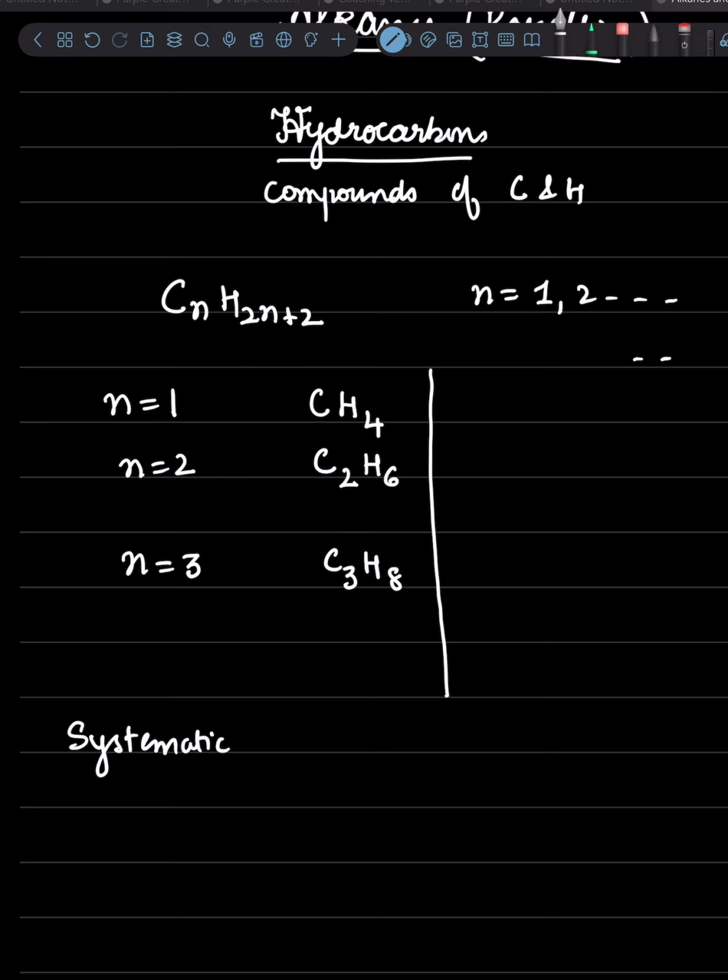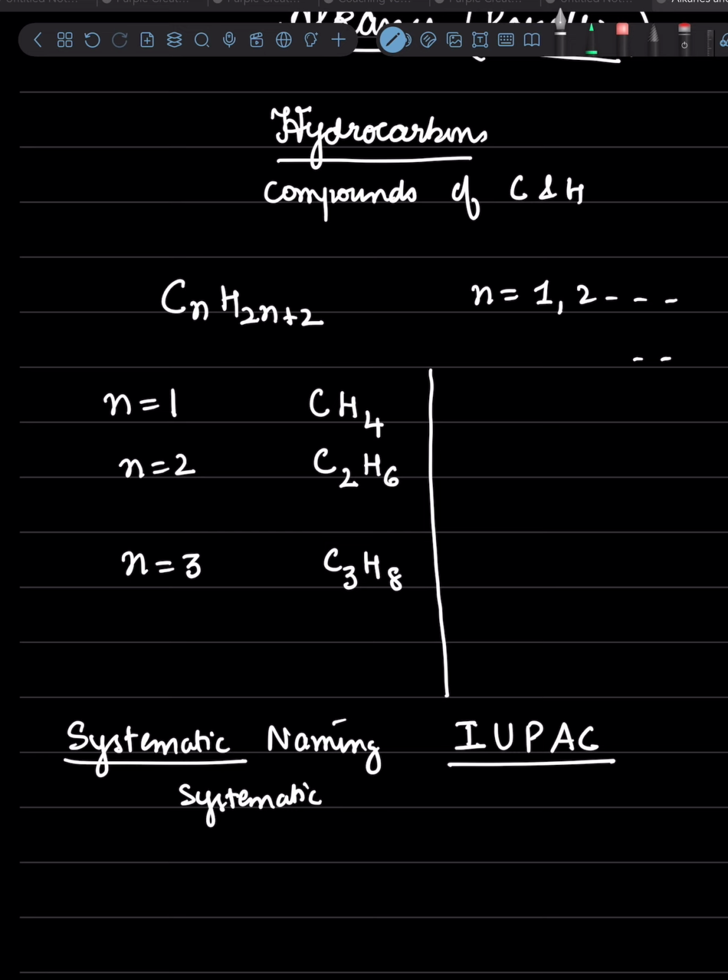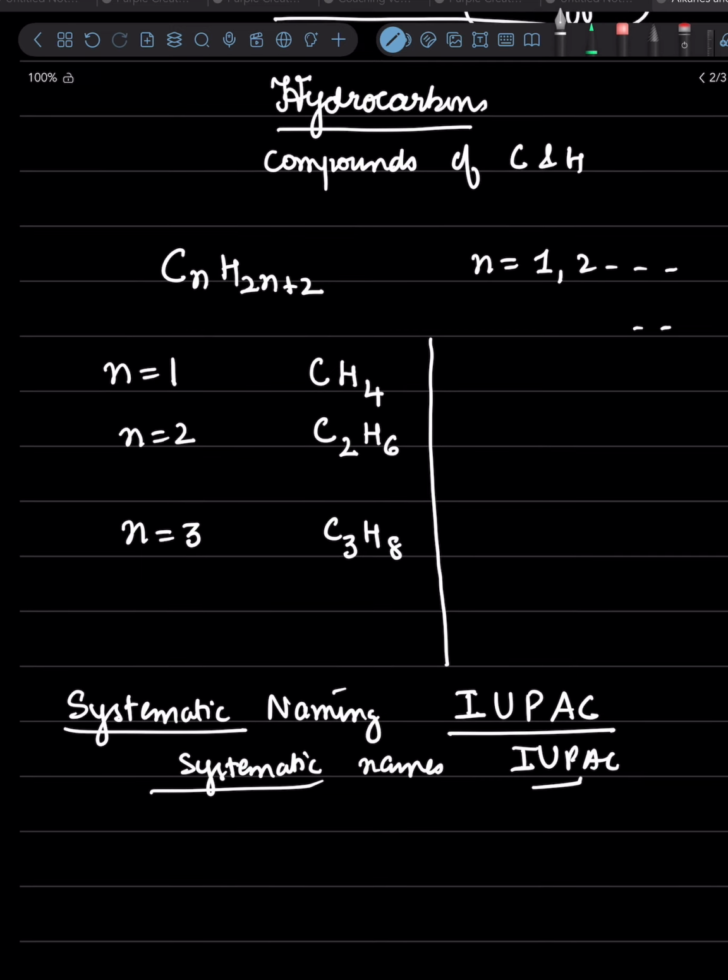Systematic naming is designed by the International Union of Pure and Applied Chemistry. Systematic names, or IUPAC names, help us in naming the organic compounds. When you have one carbon, you use the prefix meth.